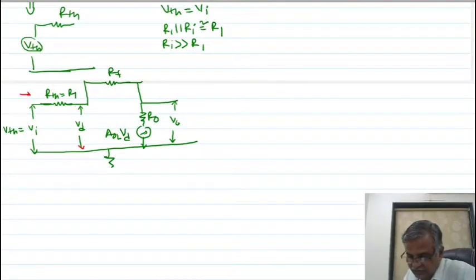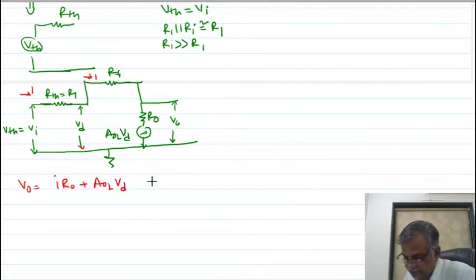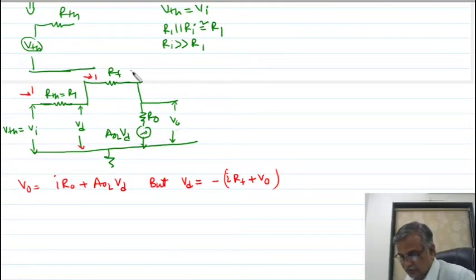Let us see the current passing through this, I. I am writing I. Here is also I. Here is also I. So I can write VO is nothing but the current into resistance plus AOL into VD. But VD I can write minus IRF plus VO. VD is nothing but this voltage drop plus this voltage drop.